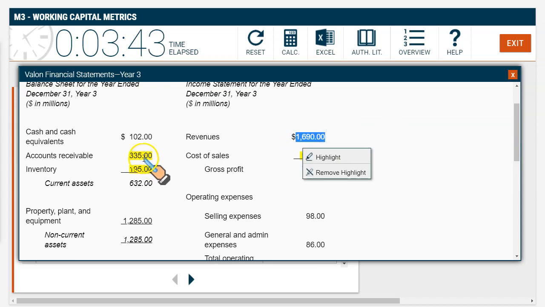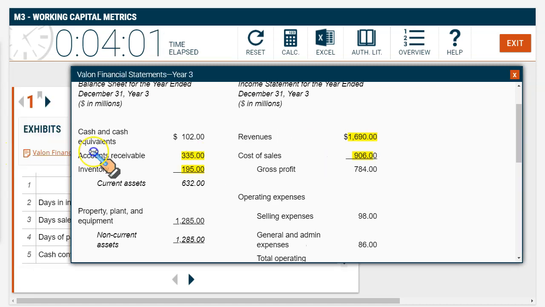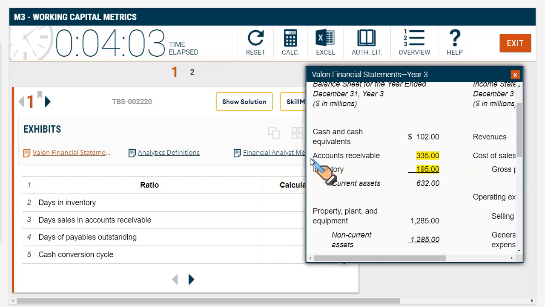So it's 335 divided by 1690 multiplied by 365, and it gives you 72.352, which can be rounded off to 72.35. Plug it right here, 72.35.